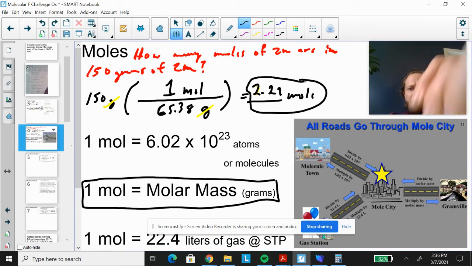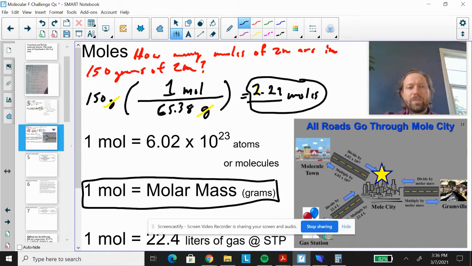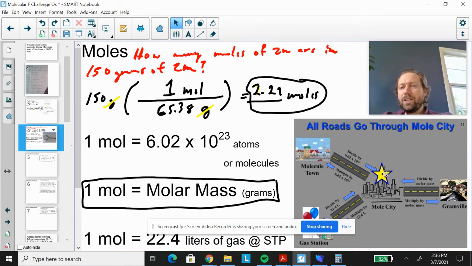And that would be the number of moles of zinc. Again, you can use the factor label method and set it up like that. Or with Mole City, you have an image there that sort of tells you if you're going from Granville to Mole City, that you would go and divide by the molar mass. All right. Let's try another one.